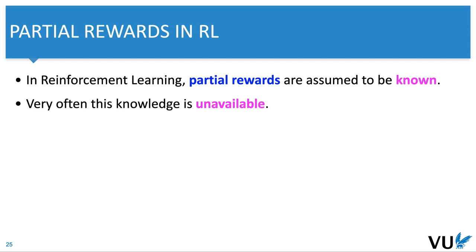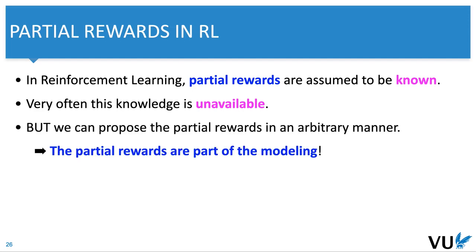It's very unclear. And also in our group we used reinforcement learning for our robots, and it turned out that it doesn't work at all. Very often it is impossible to learn using reinforcement learning. But we can of course propose partial rewards in some arbitrary manner, right? We can come up with this, but then it becomes a part of the modeling process.